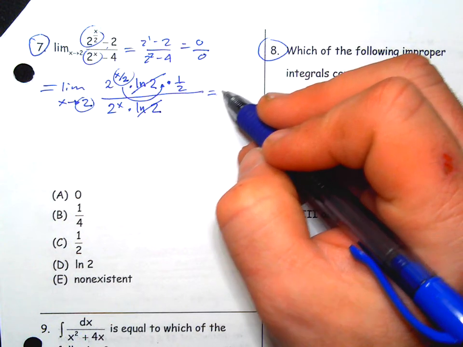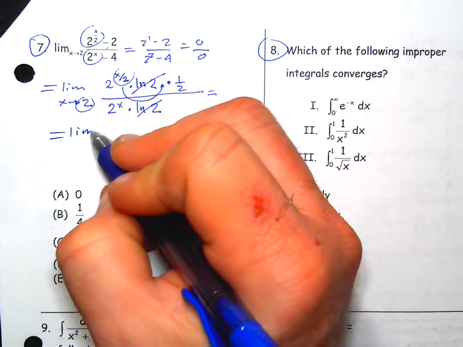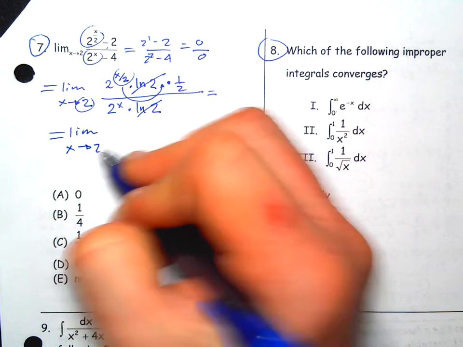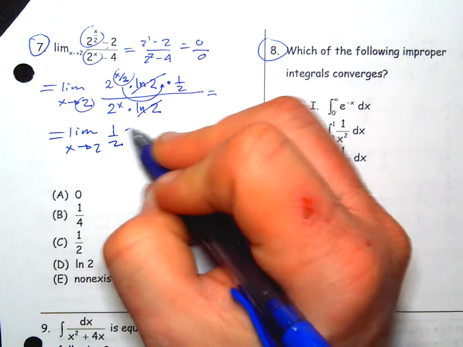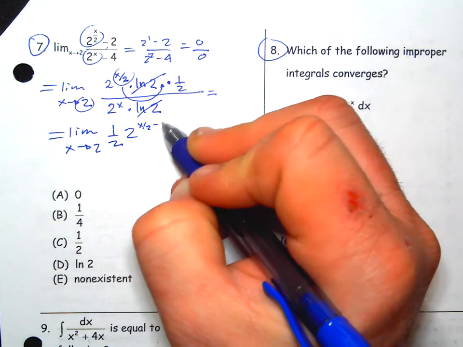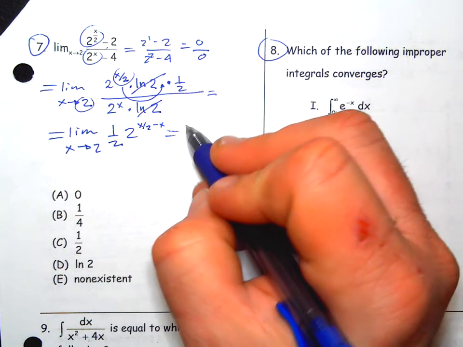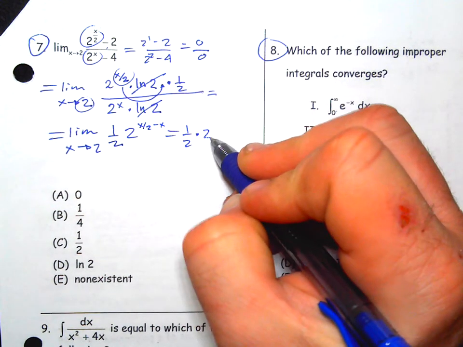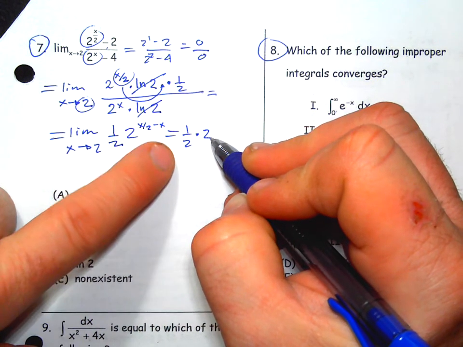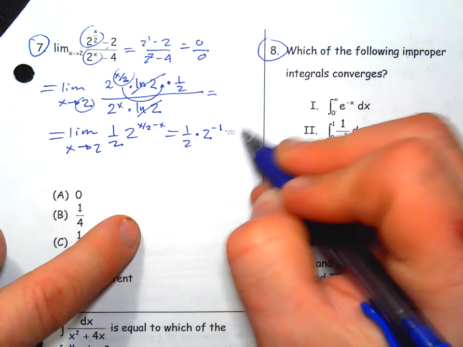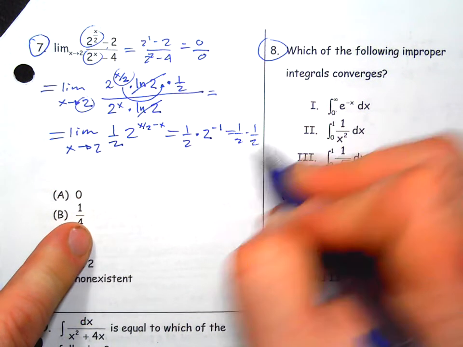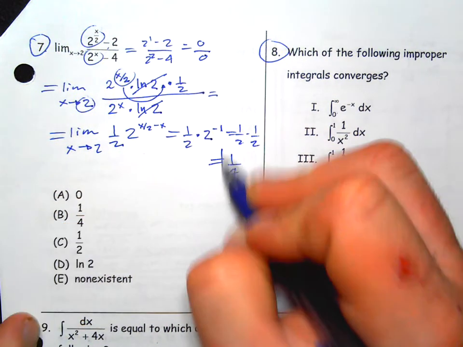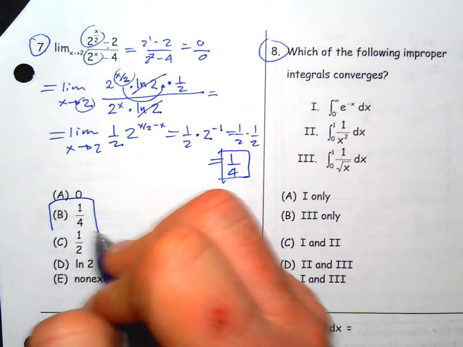Let's use rules of exponents first. We won't take the limit yet. So it's going to be a 1/2 2 to the x over 2 minus x, right? Rules of exponents. So that's going to be 1/2 times 2. If you plug 2 in here, it's going to be 1 minus 2. That's a negative 1. So it's going to be 1 over 2 times 1 over 2 is 1/4. So a little L'Hopital's rule for you.